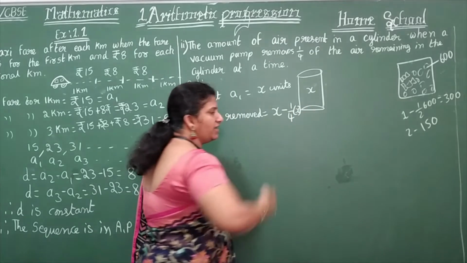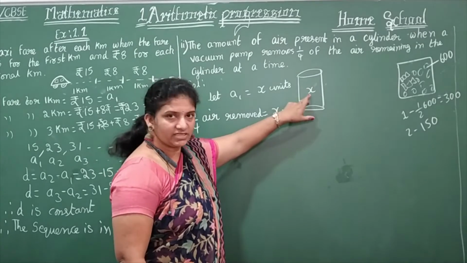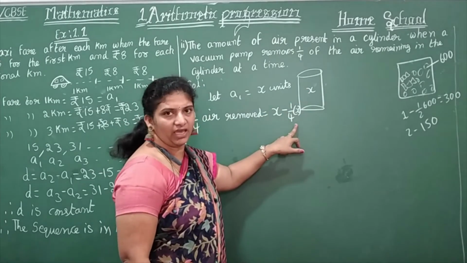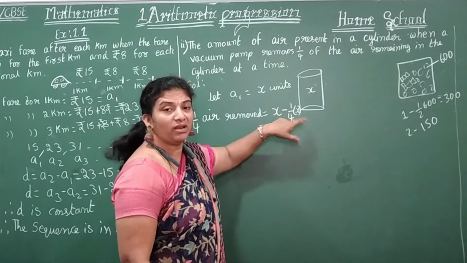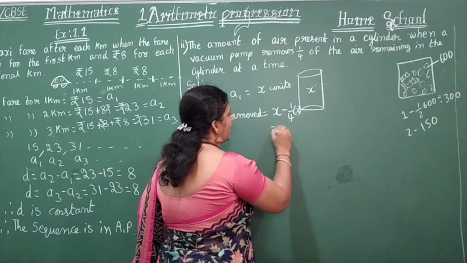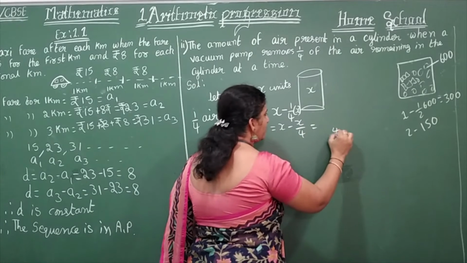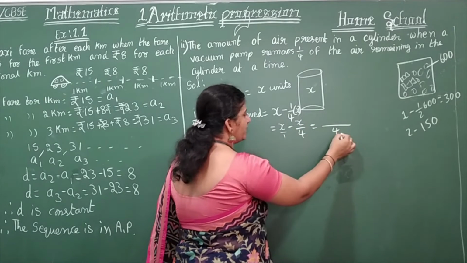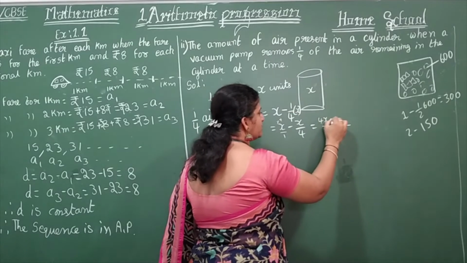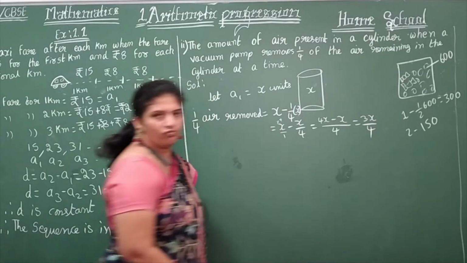Look here, children, please listen carefully. In that X, 1/4 of X is removed. So do this: X minus X by 4. Do the LCM: the LCM of 1 and 4 is 4. Multiply by 4: 4x minus x is equal to 3x by 4.